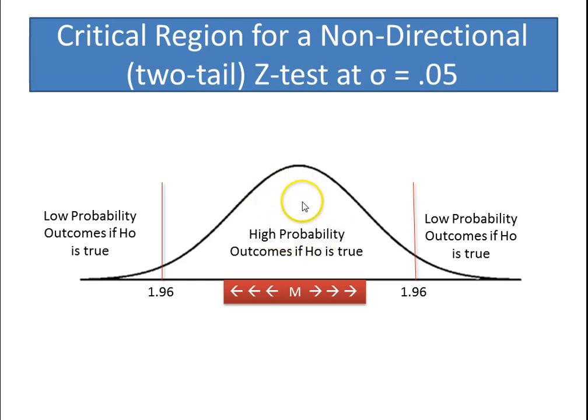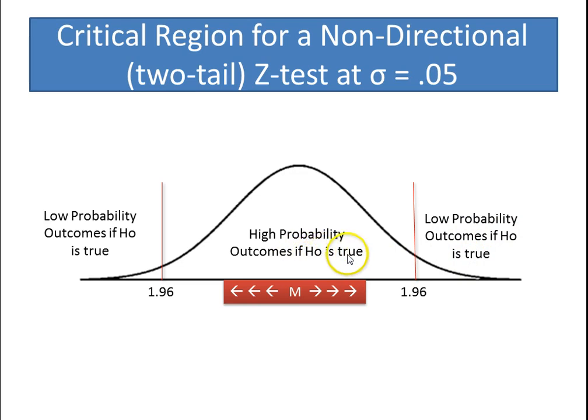Now, importantly here is that when we set this critical region, we are setting it in a way that demonstrates what we expect, our expected probability outcomes if the touch does not have an effect. That is what is meant when you read high probability outcomes if H0 is true and low probability outcomes if H0 is true.